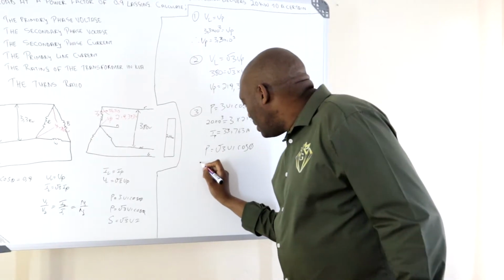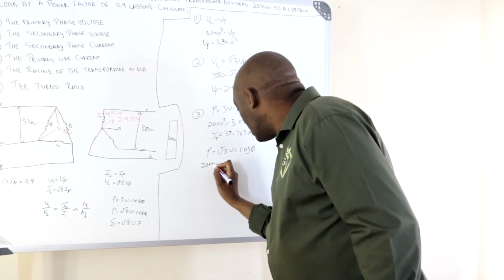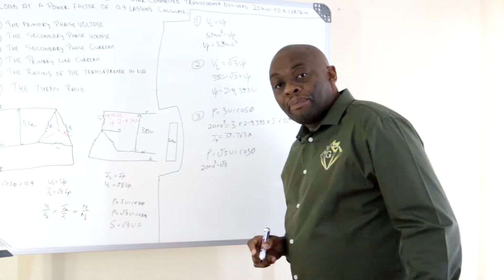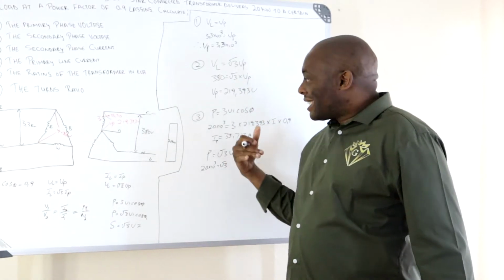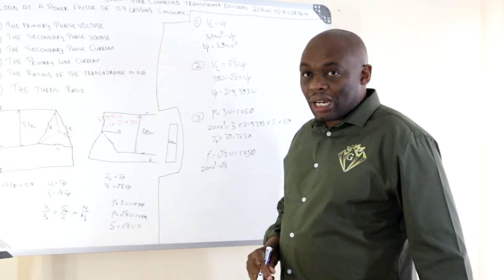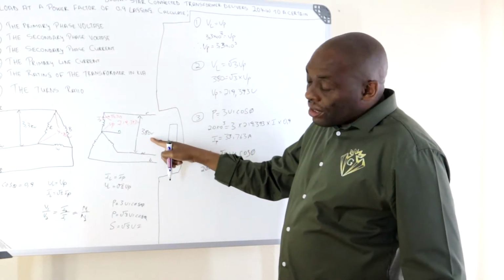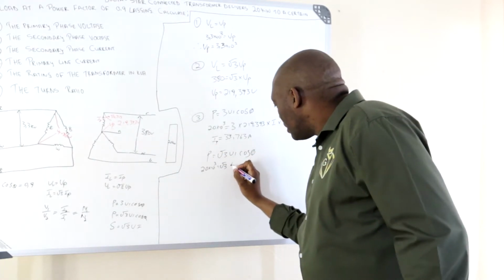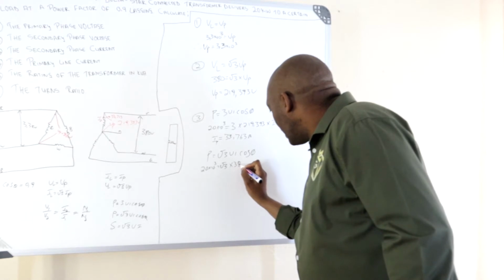So your P here is 20 kilowatts, equal to the square root of 3. Now we are using the line values on the secondary side, which is our star configuration. So the line value for voltage on our secondary side is your 380. So we multiply by 380.